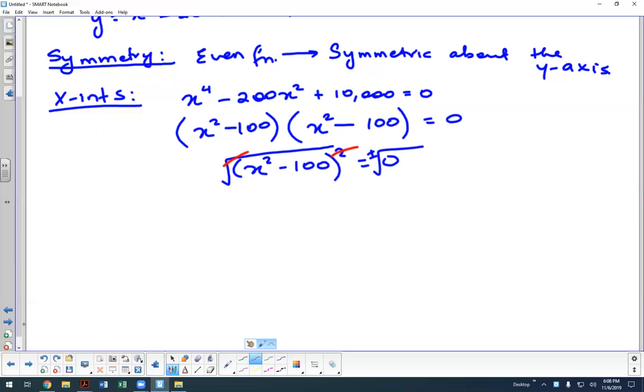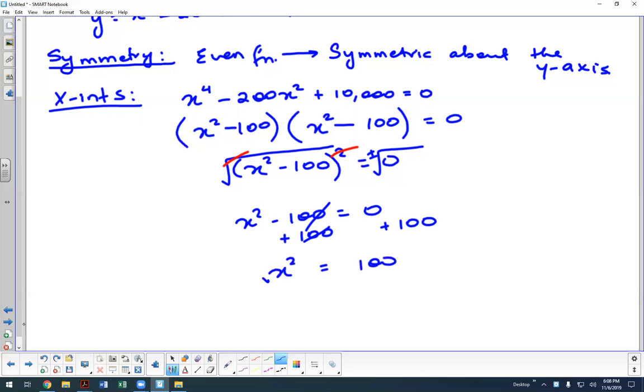Our square and square root can cancel out, giving us just a 0. 0 of course does not take positive or negative sign. So it's not going to be just 10. It's going to be plus or minus 10 because we'll move the 100 to the other side. And then we'll have to take a square root again to get that x by itself, which again gives us 1 positive, 1 negative root.